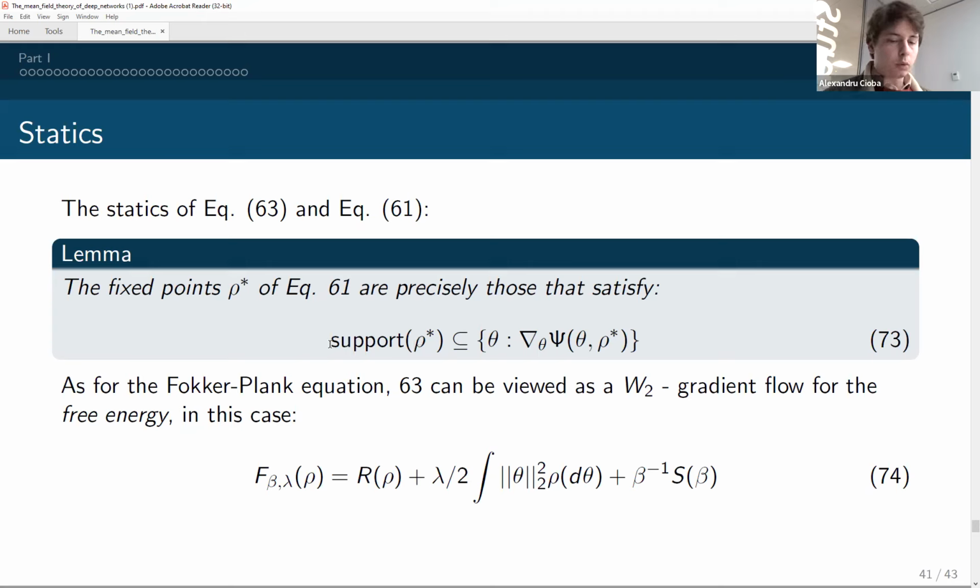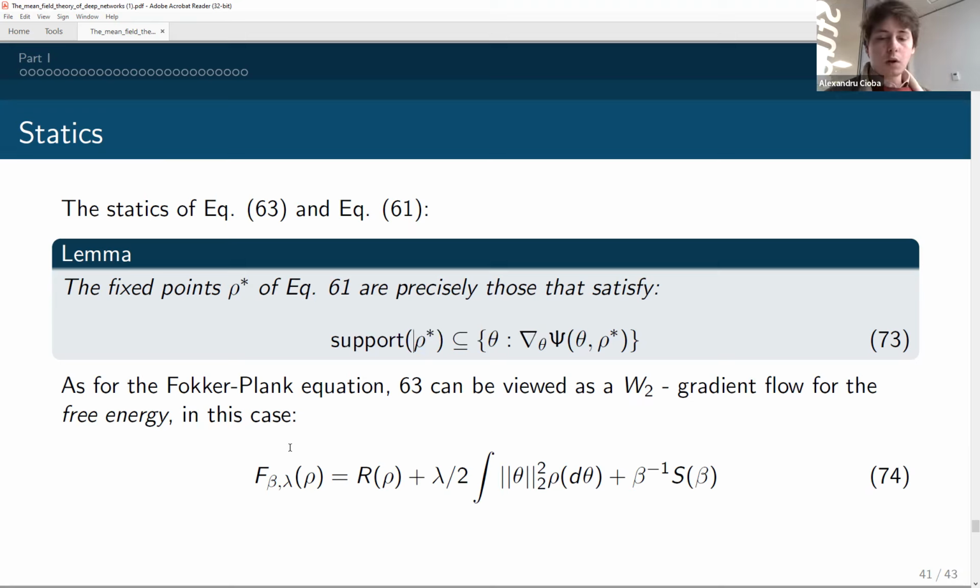You can use this. They do this in the paper. They use this condition to give an exact expression for when the fixed points of equation 61 are precisely a single delta function. So we know that delta functions can be fixed points, but single delta functions may not be fixed points, and they treat this example separately.